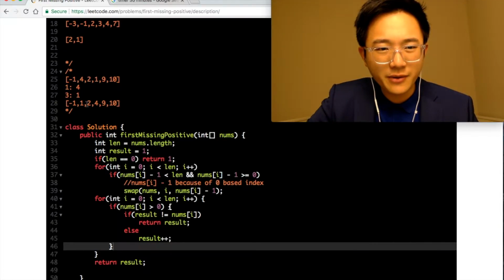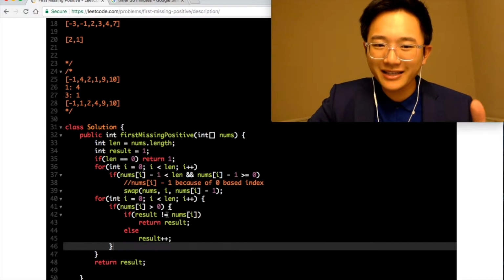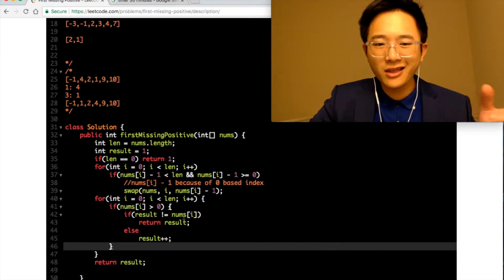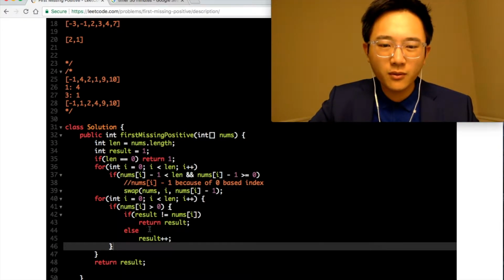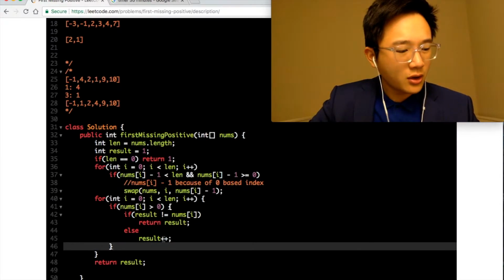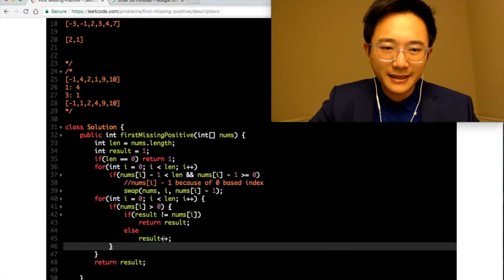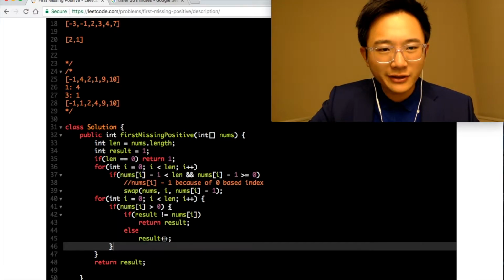And then if result is not equal to, result at this stage is 1. So 1 equal to 1 is no. So this is not what we want. So result plus plus. Result is 2. Now result is 2, okay? So increase by 1, 2 is 2.